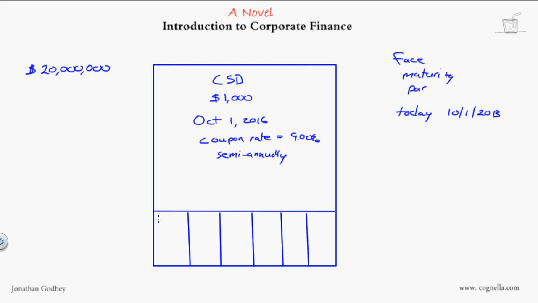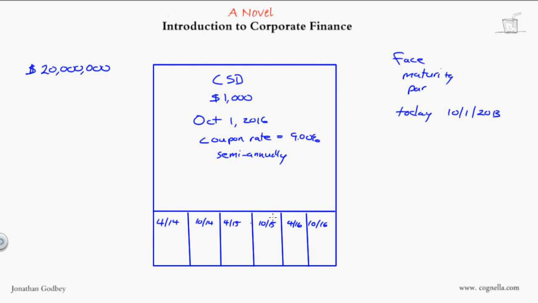This would be April 2014, October 2014, April 2015, October 2015, April 2016, and October 2016. It would say if it was on the 1st of the month, or 15th, or 30th, or whatever.